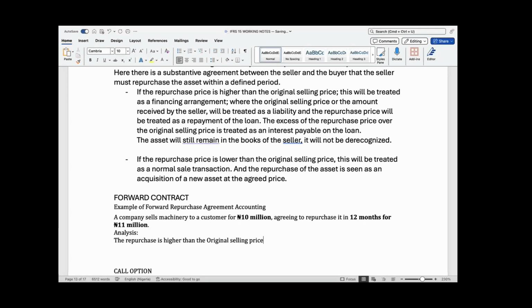And I need you to bring your mind to something. In this arrangement, for this forward contract, the seller cannot avoid the repurchase. They cannot avoid it, you must buy it back.